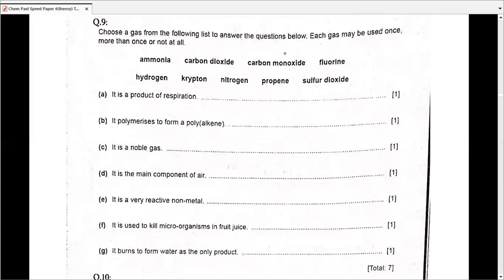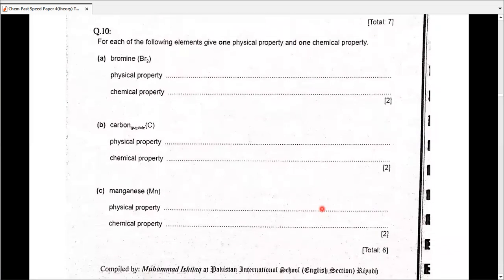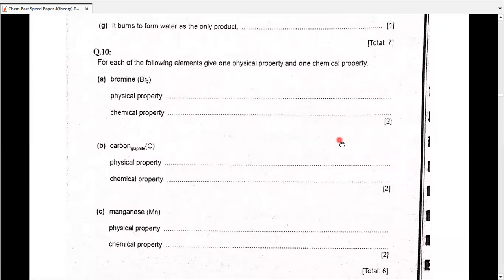Let's complete it and move on to the next question, question number 10, which is again a copy of a similar question we did a few questions back. Yes. So now you see, they have been kind of repeating the pattern of their questions.